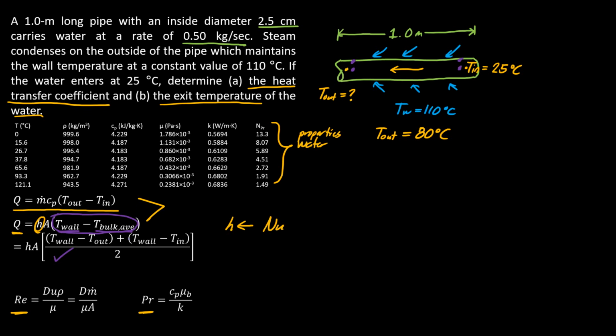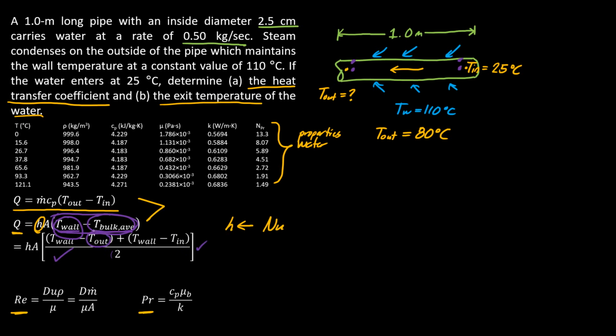If you add T wall plus T wall, that is 2 times T wall divided by 2, you will get this value. T out minus T in divided by 2, you will get this value. So I forgot to explain this equation, but we will be needing this form of the equation because we need to explicitly solve for T out.